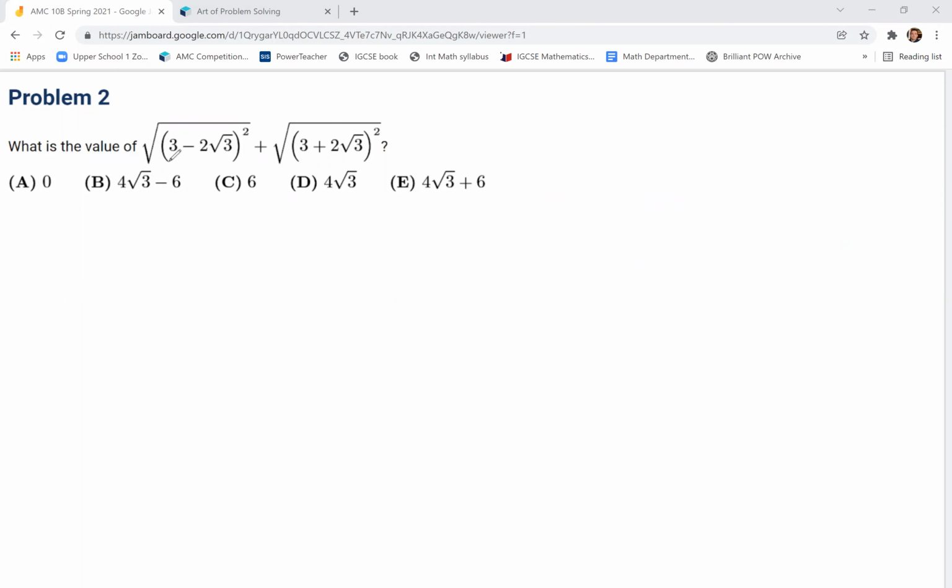So first thing we need to know is 3 minus 2 square root 3, is that positive or negative? Square root of 3, is that more or less than 1.5? Square root of 3 is 1.7, right?